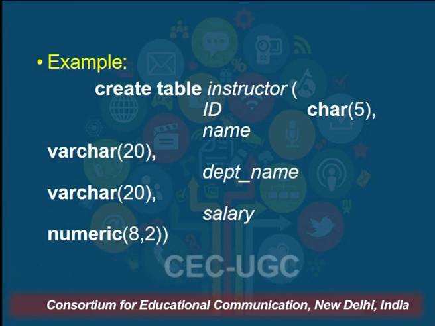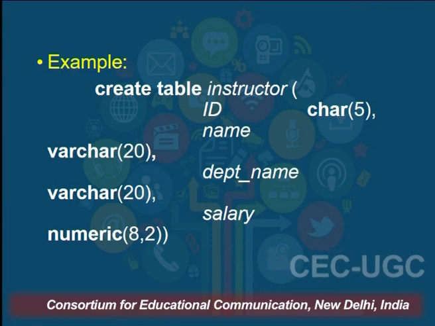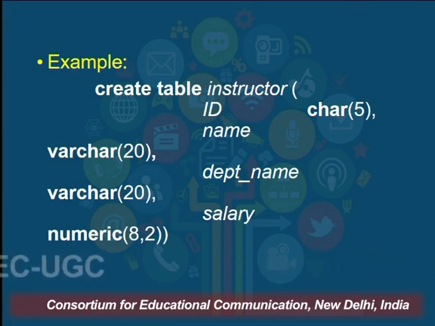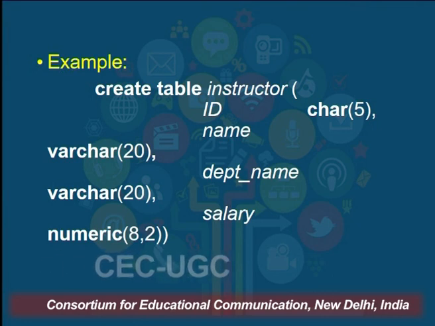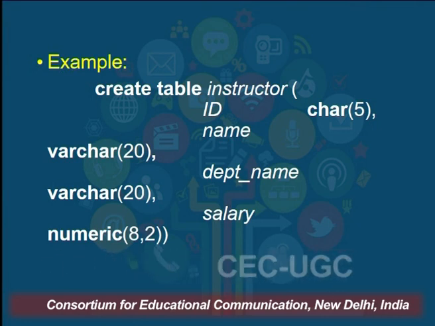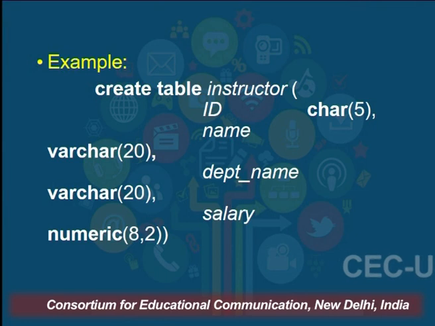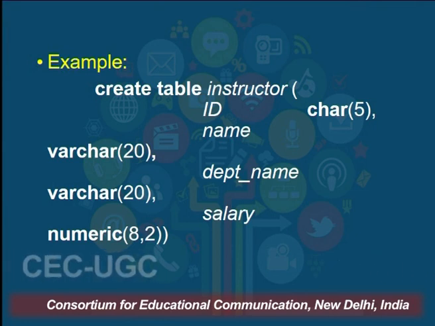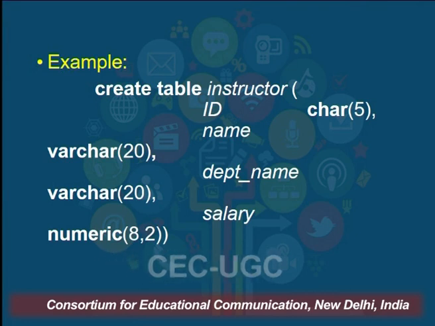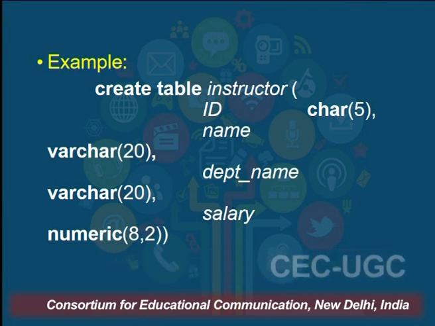So here we have create table instructor. The first attribute, or the first field, is ID, which is of type char(5).